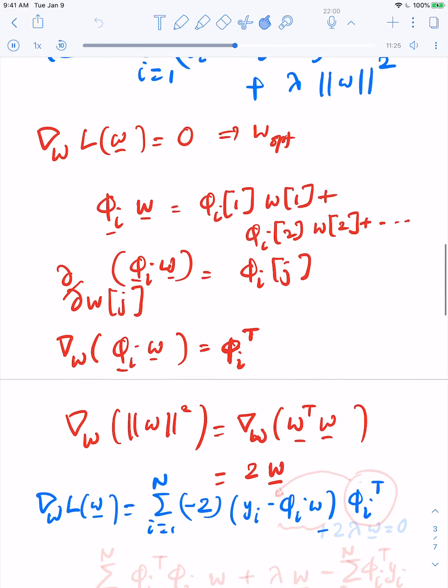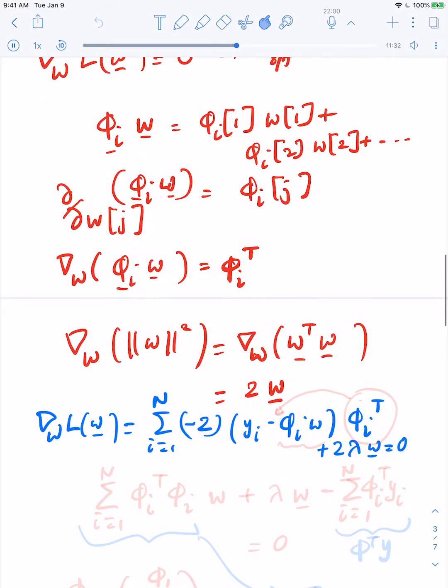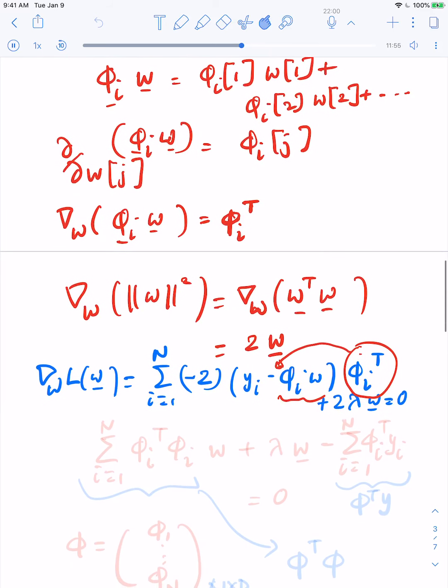We have shown it, plus 2 lambda w is the gradient of the other term, and I'm going to set that equal to 0. Now we just want to put this in a convenient form. Remember that this is just a real number, and this is now a column vector. It's convenient for me to bring it over here. Perfectly legitimate for me to put the column vector in front of the real number.